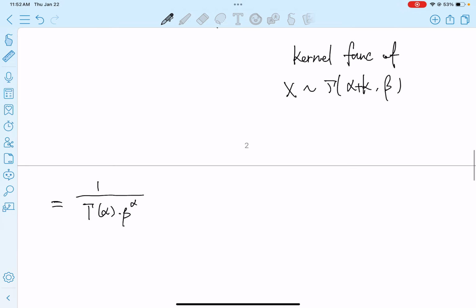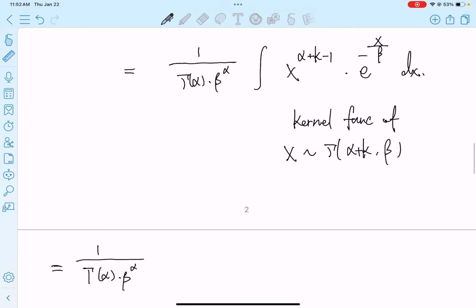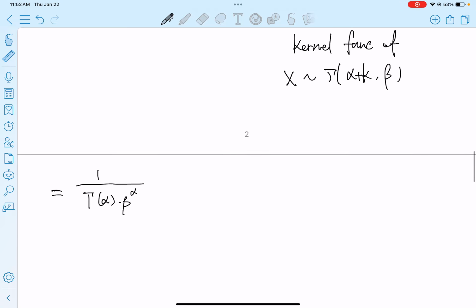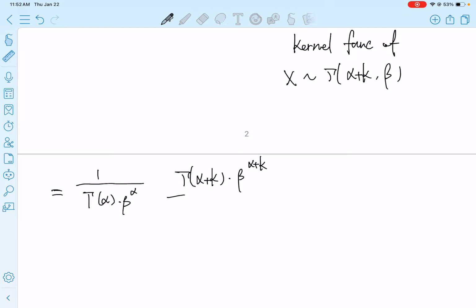Now let's introduce one more normalizing constant: the gamma function of alpha plus k, and beta raised to the power of alpha plus k, divided by the same thing.